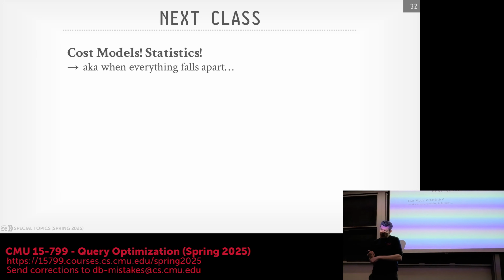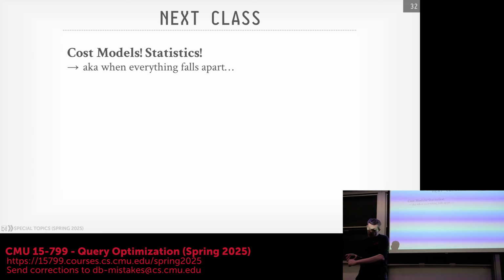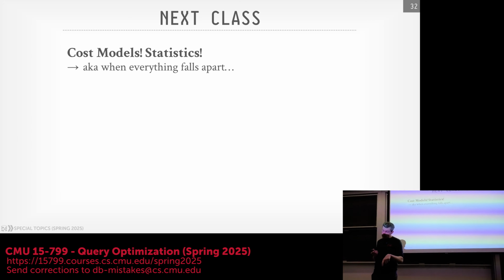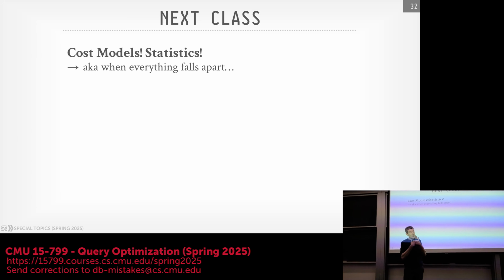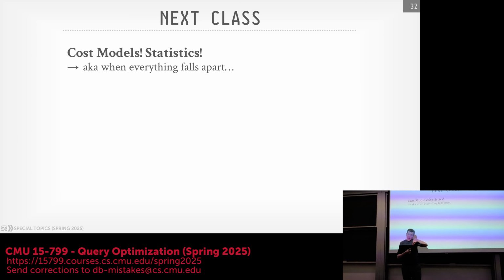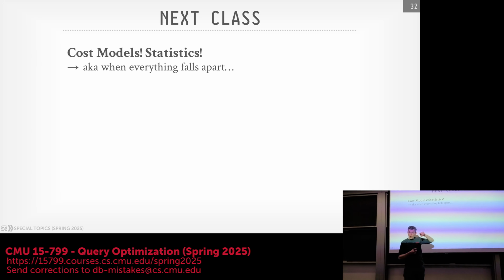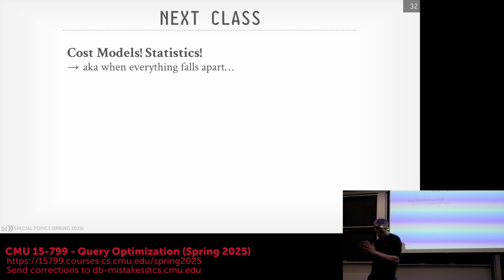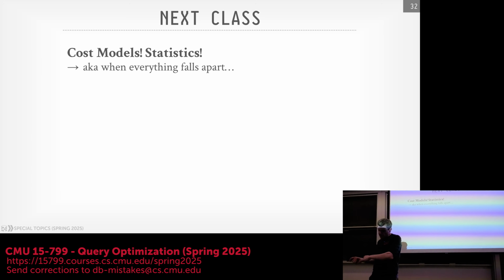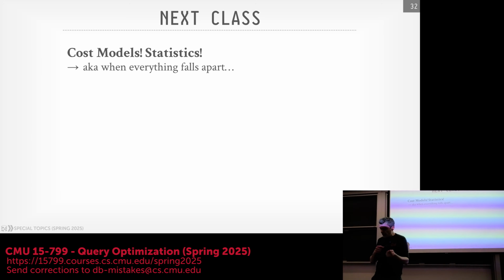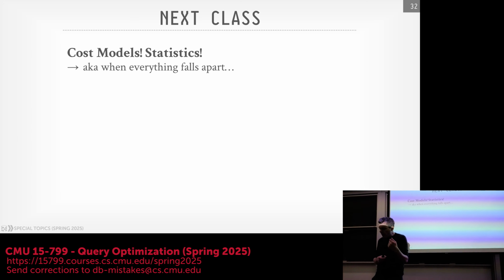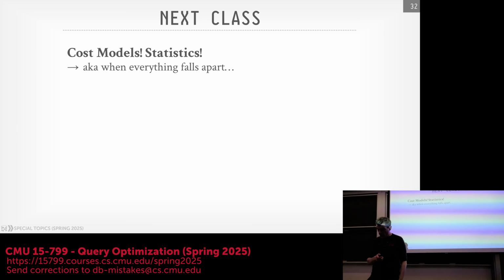So we'll understand the basics of it, and then we'll see where things go wrong. Then after the spring break, we'll look at adaptive techniques where you try to learn when your cost models go wrong, get feedback from that, and try to correct things and get better, sort of like a reinforcement learning technique. But we have to start with the basic cost models, statistics, and cardinality estimation, and then we'll pick up again after the spring break. Okay?